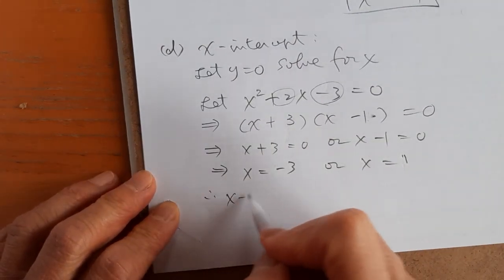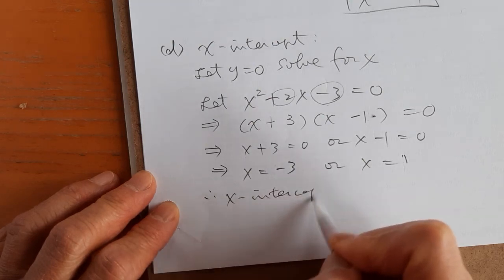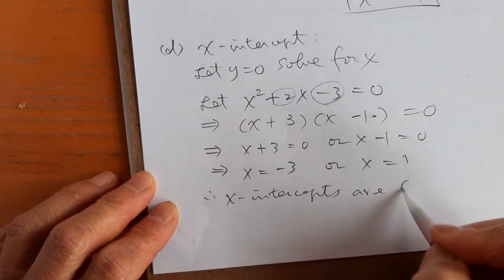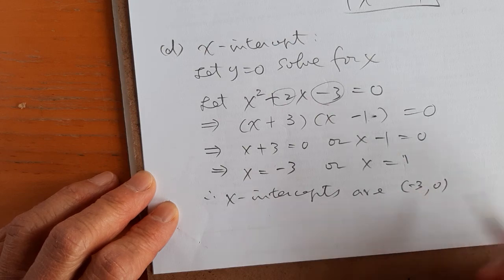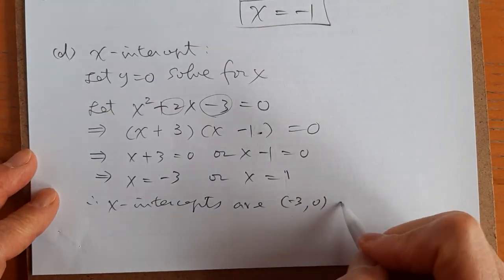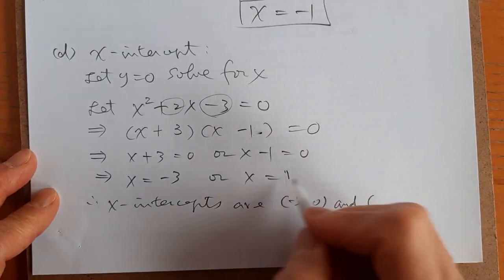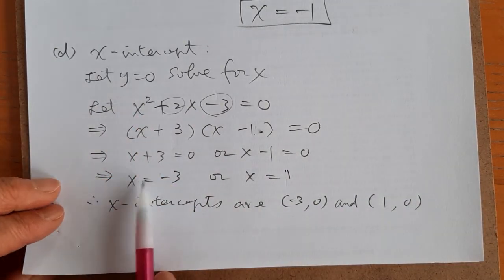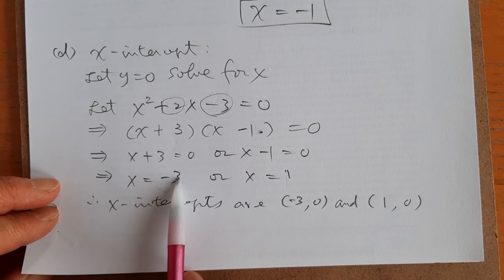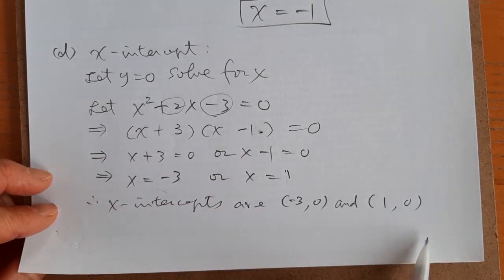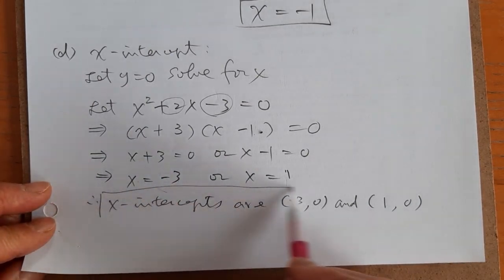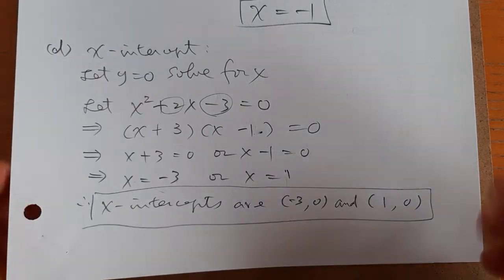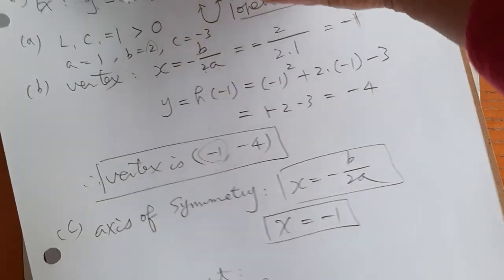So the x-intercepts are x is negative 3, y coordinate is 0, and the other point, x coordinate is 1, y coordinate is 0, because we let y equal 0 to get x. That's the x-intercepts.